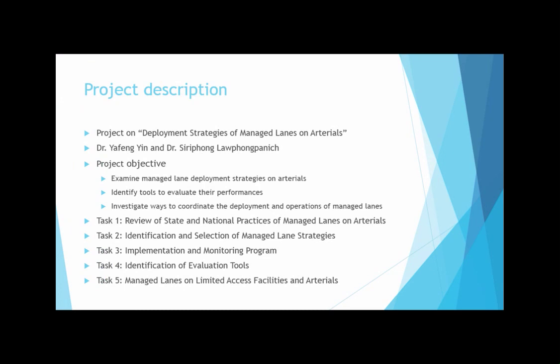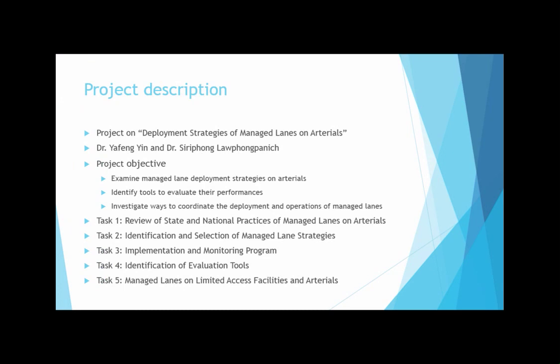There were 5 basic tasks. One was to review the state and national practices of managed lanes on arterials. At that point, when the task was completed, we were to send in a literature review. Then the second task was to identify and select managed lane strategies. The third task, which was closely related to the second, was the implementation and monitoring program.